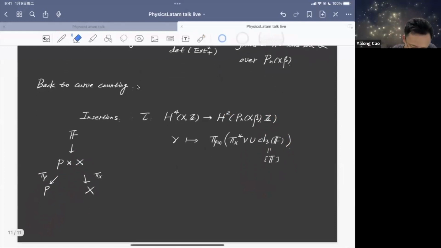Okay, now combining this insertion and the cycles, we get some invariants. The notation we use is P_{n,β,γ}, which is the integration of τ_γ to the power n over the virtual class.